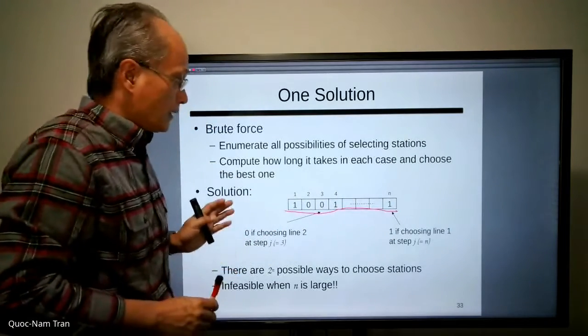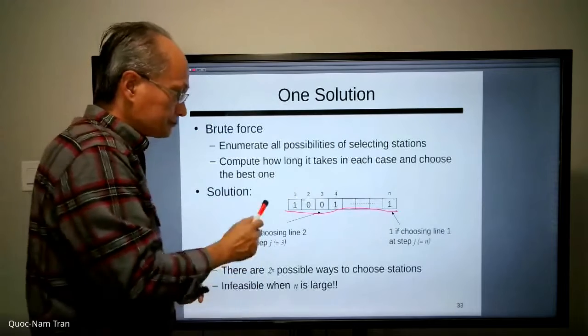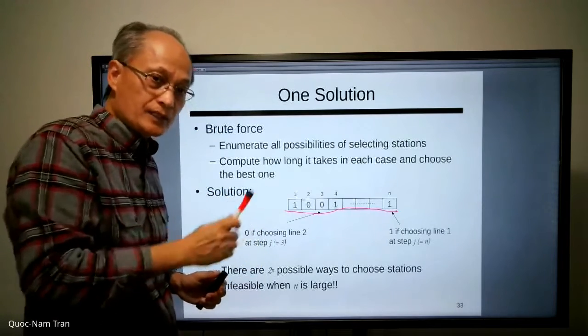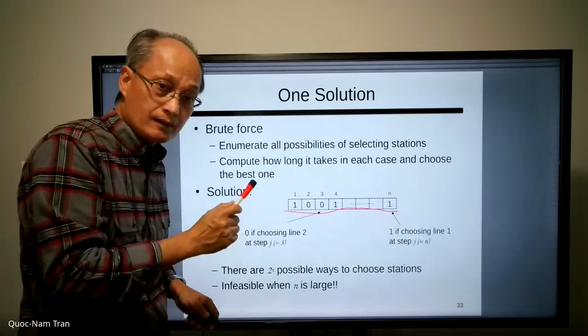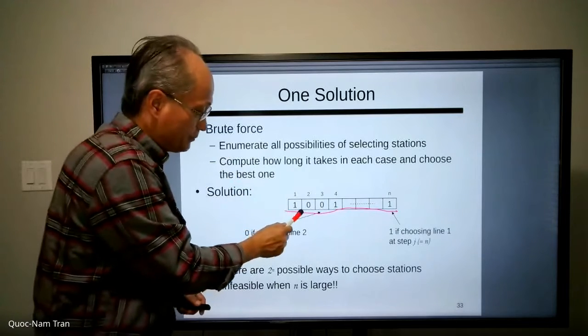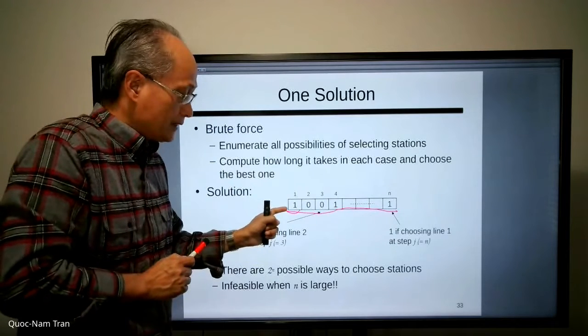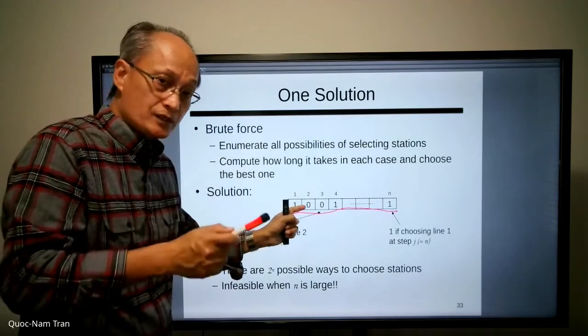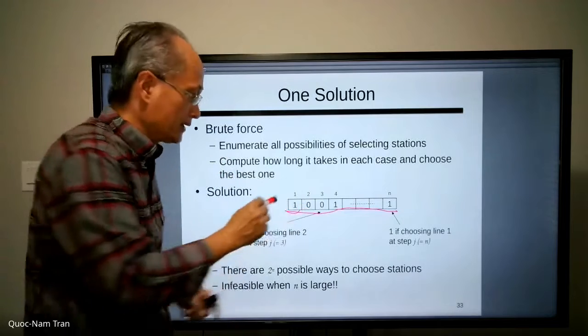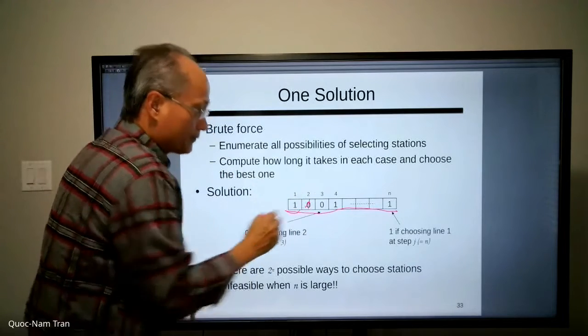So if we want to enter station 1 of line 1, then we simply write 1 here. If we want to use station 2 of line 1 again, then we can write 1 here, right?